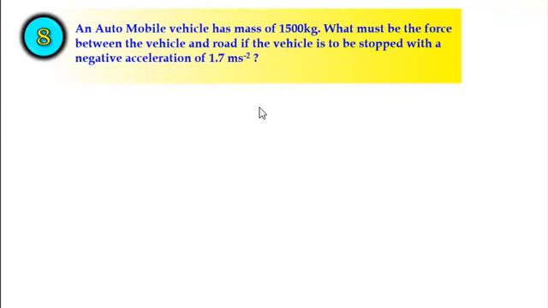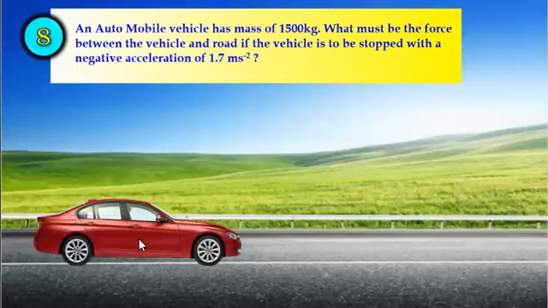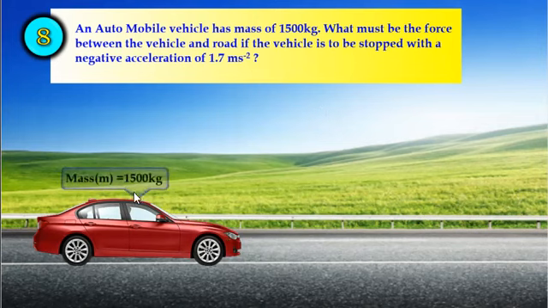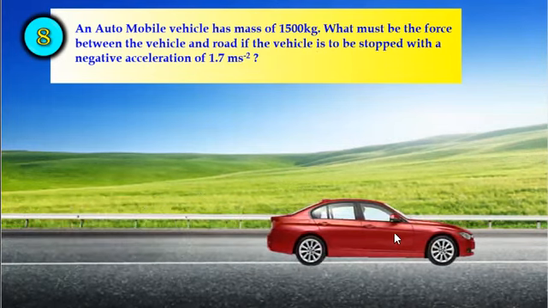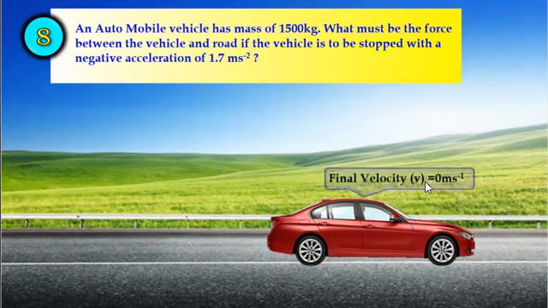Now, look here. A car, an automobile vehicle, is moving with a mass of 1500 kg. So the mass of the car is 1500 kg. It moves and then stops here, with a negative acceleration of 1.7 meter per second square, and the final velocity of the body is 0 meter per second.